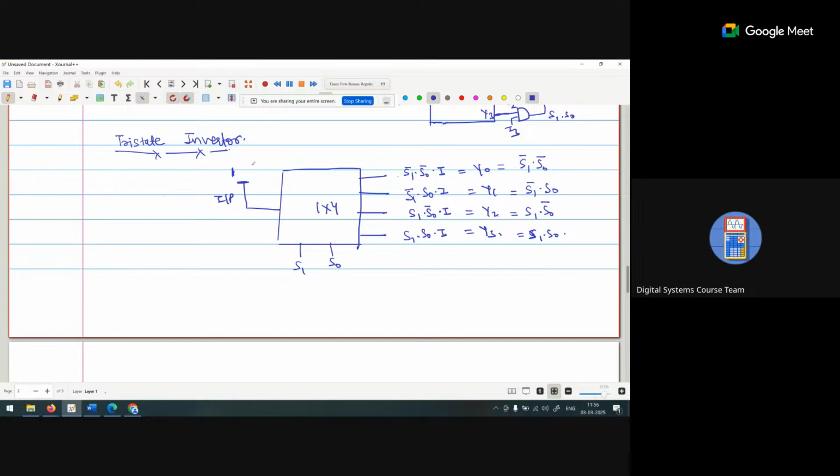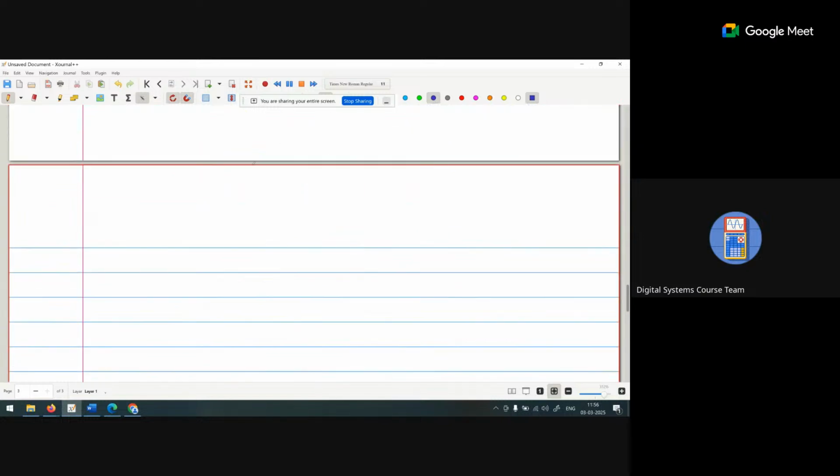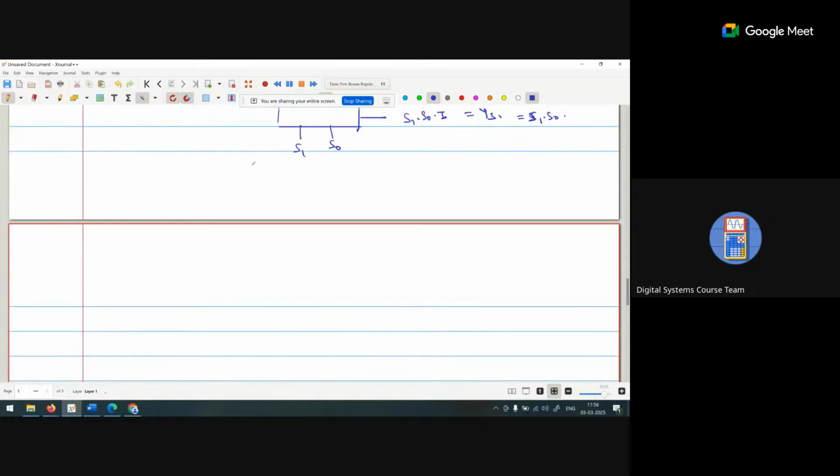Now we are using a tri-state inverter. In the tri-state inverter, can I write it down, if I use one inverter and a second inverter?